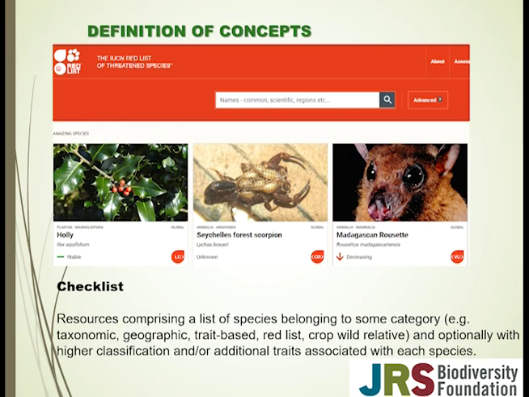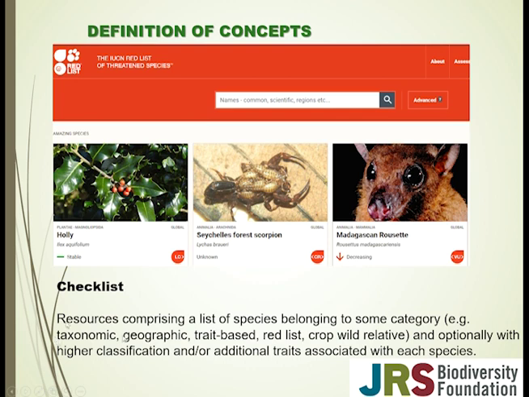data. Now, checklist. These are resources comprising a list of the species belonging to some categories. For instance, taxonomic, geographic, trait-based. Taxonomic, we can consider, for instance, I don't know all the species present in Malawi, but maybe there are also Verbenaceae species.